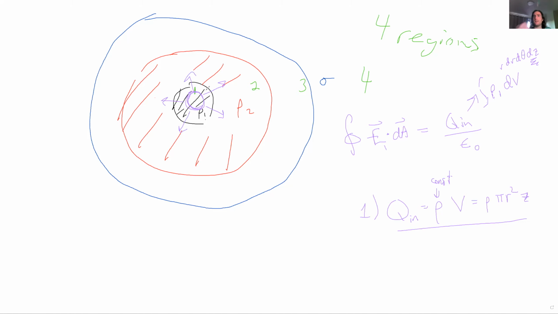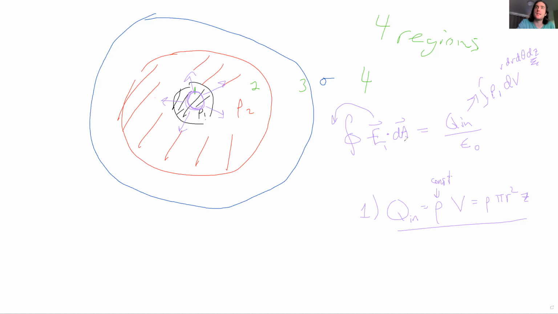The electric field will also be uniform if it only depends on r, kind of like for a sphere. The electric field is the same everywhere once you fix the radius. So as long as there's no angular dependence, E pulls out of the integral.